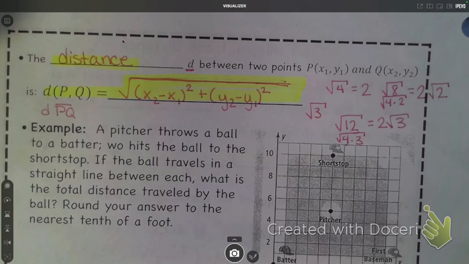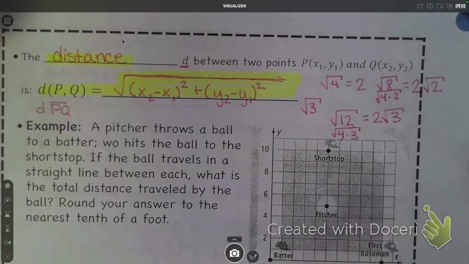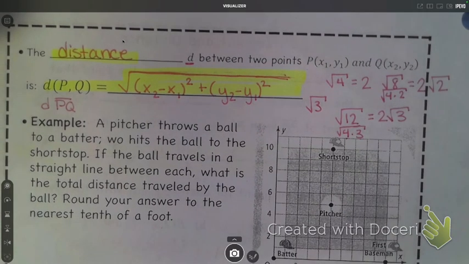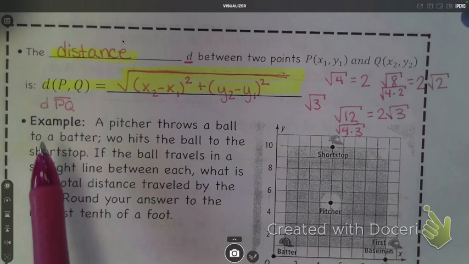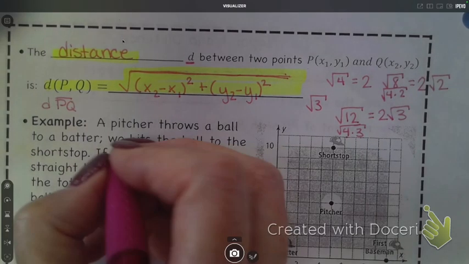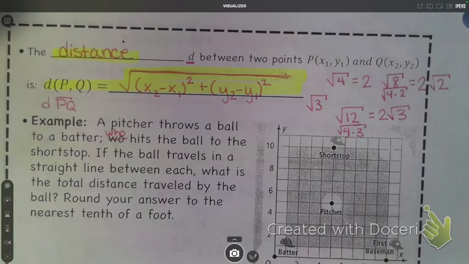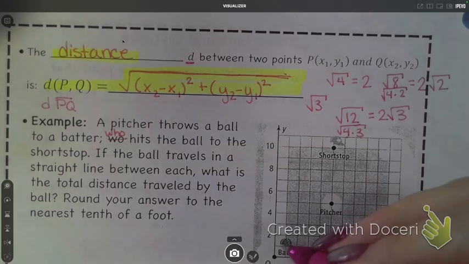Okay, so that's how I expect answers written, not pull out your calculator and give me a decimal. Okay? Simplest radical form. So, a pitcher throws the ball to a batter who, that should be who, forgot the H, hits the ball to the shortstop. Okay, so the batter hits it to the shortstop.